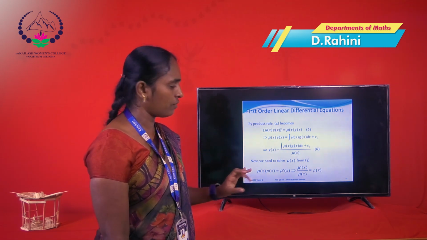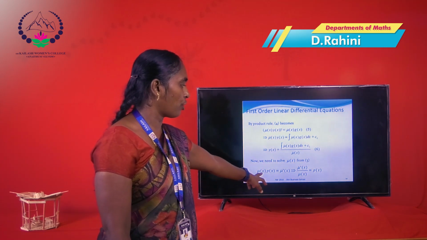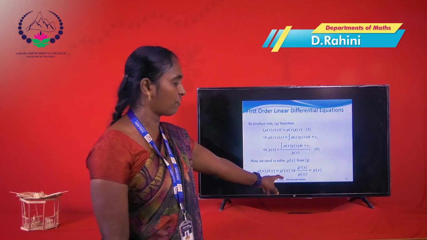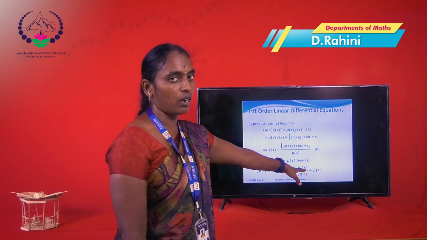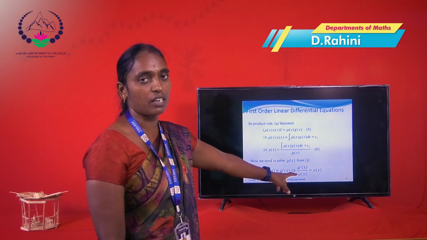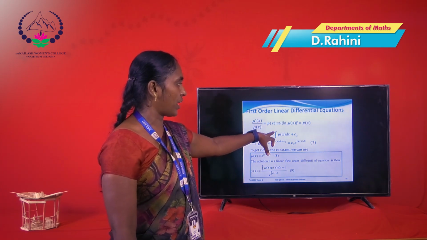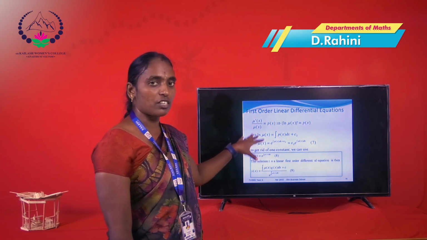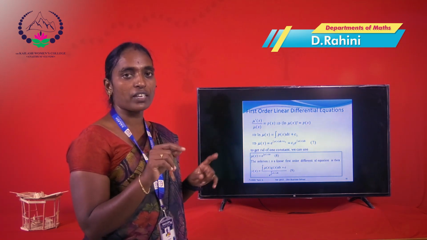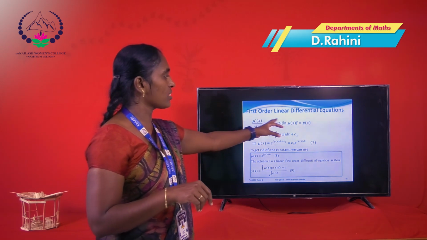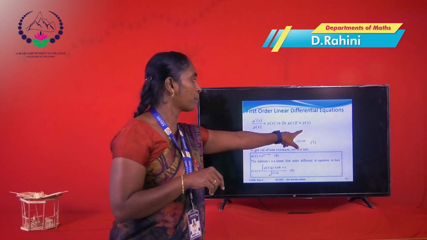Now we need to solve for μ(x) from equation number 3. Equation number 3 we already know: μ(x)p(x) = μ'(x). Dividing by μ(x), we get μ'(x)/μ(x) = p(x), and we replace this with (ln μ(x))' = p(x).